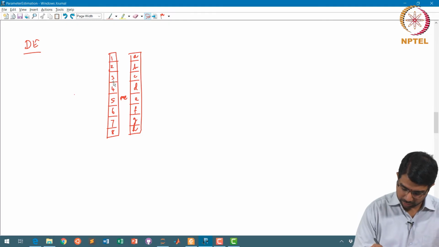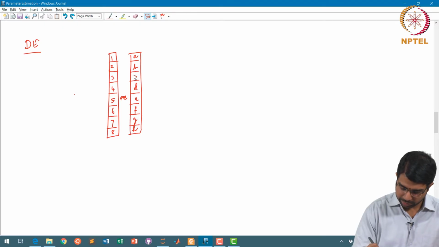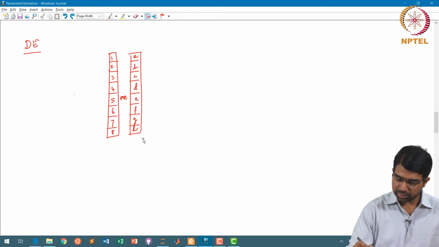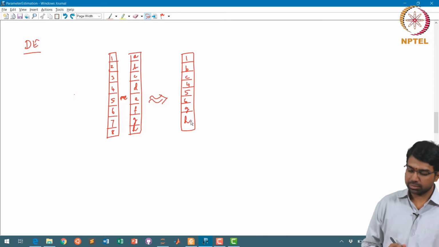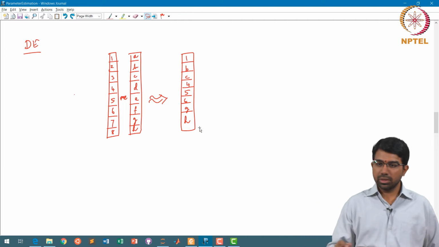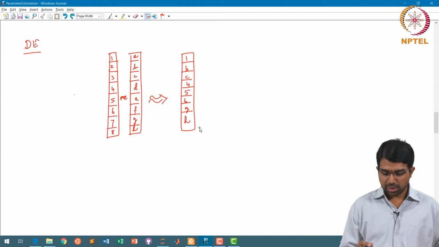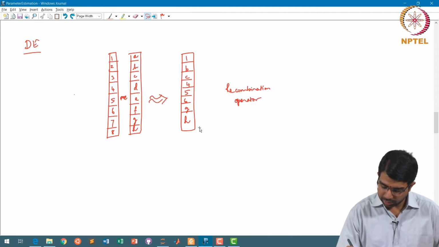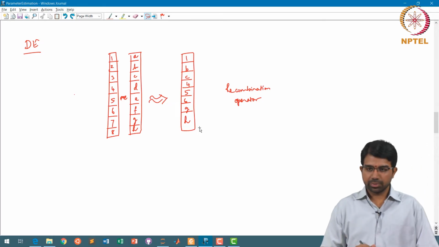Let us say this is 1, 2, 3, 4, 5, 6, 7, 8, I am just marking the positions A, B, C, D, E, F, G, H. You might get a vector that is 1, B, C, 4, 5, 6, G, H, right. You randomly pick from, so you mix the parameters up, you can mix them in different ways, right. So, this is the recombination operator in the case of differential evolution.